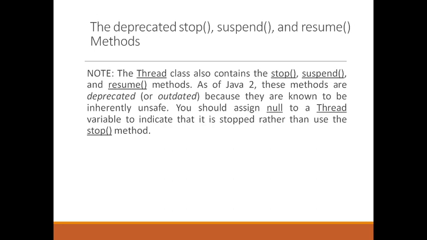For instance, if the suspend flag is set to true, then run will suspend the execution. If the suspend flag is set to true, that means you want to suspend, then the run method will suspend the execution of the current running thread. Similarly, if the resume flag is set to true, then run will resume the execution of the suspended thread. Apart from suspend and resume, a thread will get terminated once the stop flag of the thread is set to true.